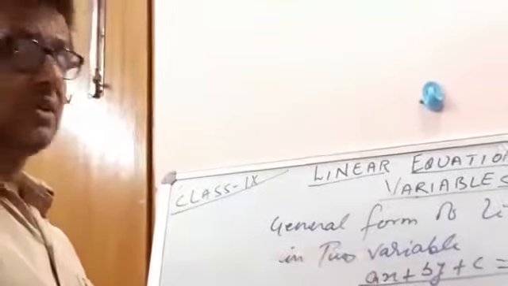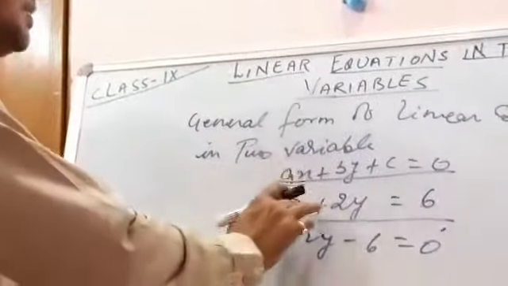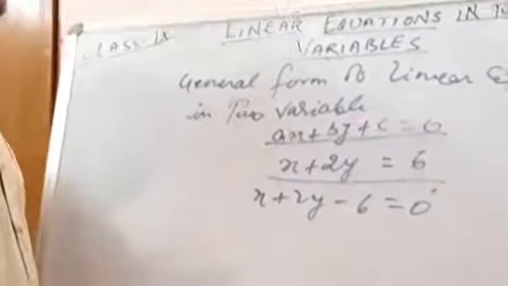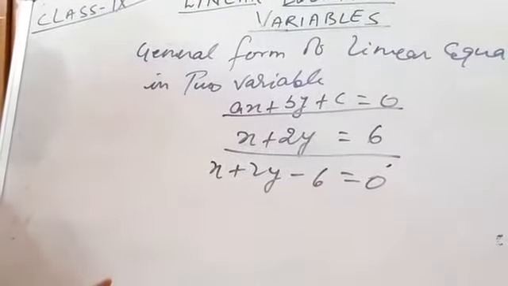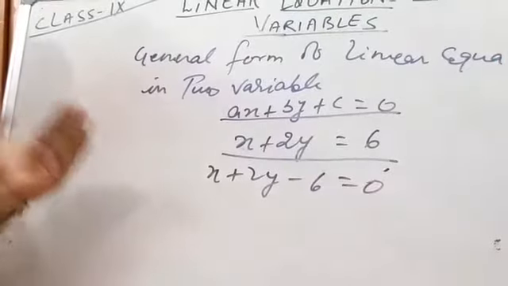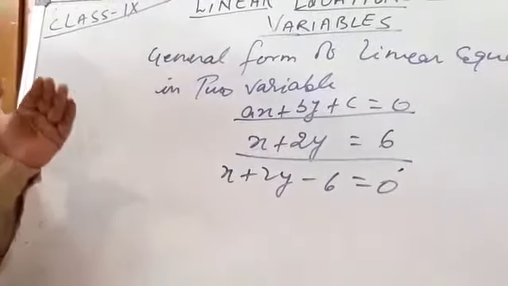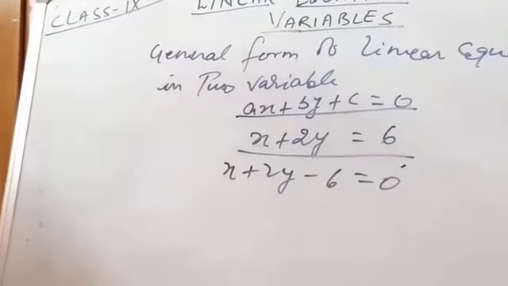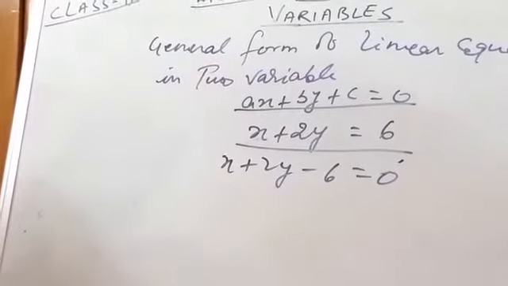So we will have an infinite number of solutions for the linear equation in two variables. This I am talking about in the algebraic situations. Yes, we will have one more way to find the solution of a linear equation in two variables. For that we'll talk in the next exercise.